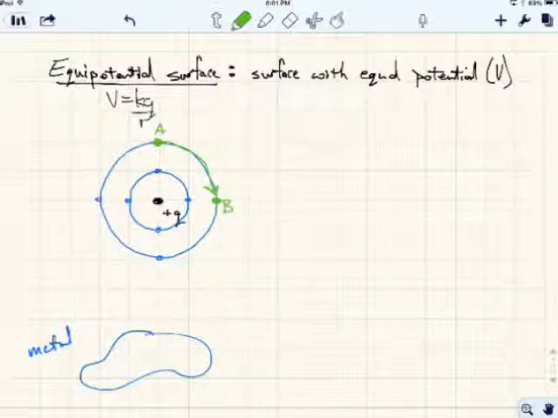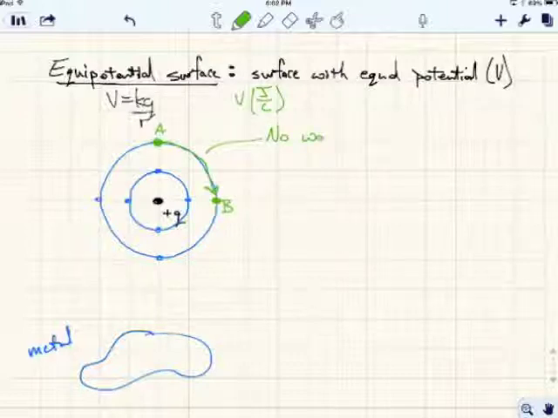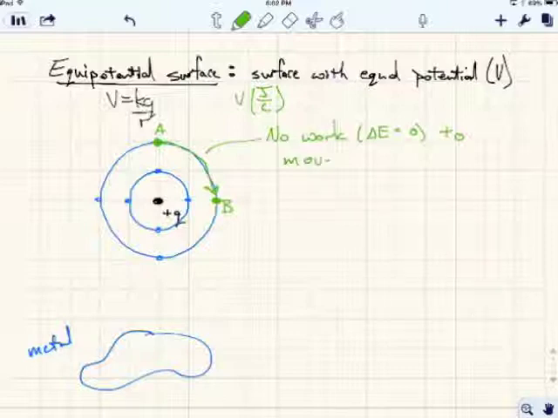Because they have the same electric potential, and electric potential is just the amount of electric potential energy per coulomb, then we're effectively saying that they have the same exact potential energy at points A and point B, which means that it will require no work at all. There's no change in energy to move along an equipotential surface.